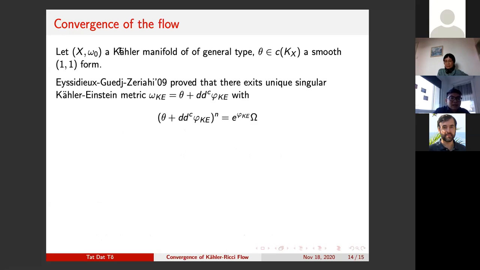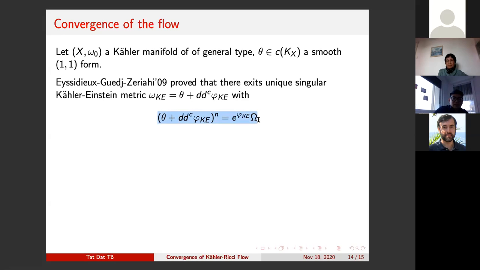Let's say (X, omega_0) is a Kähler manifold of the type as above, and theta as above as well. From the work of Eyssidieux, Guedj, Zeriahi and also Boucksom, Eyssidieux, Guedj, Zeriahi, they show that there exists a unique singular Kähler-Einstein metric, which in fact satisfies these equations.